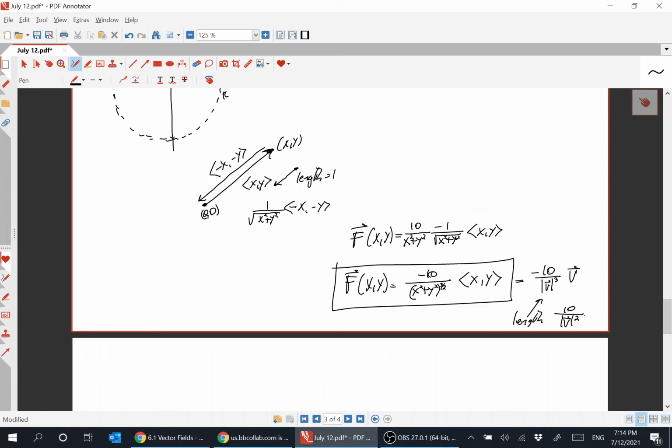You all took physics. The ghost of Sir Isaac Newton is floating around the room and whispering to you, telling you what? Gravitational attraction, right? The gravitational attraction.